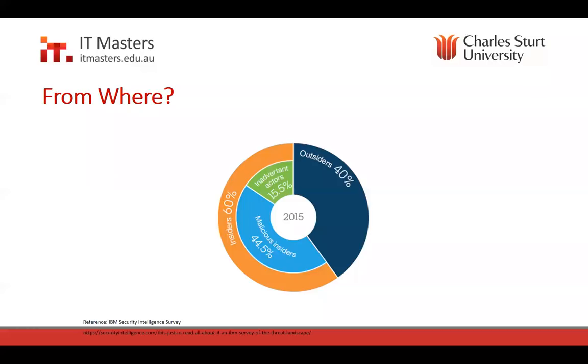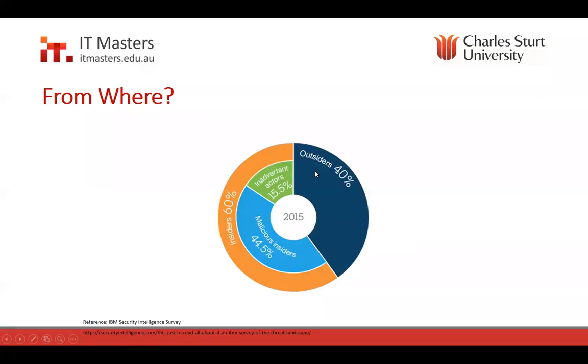So it's a little bit of a thing that you need to get your head around. Okay, so when we were talking last week about the perimeter being very fluid, and you may have multiple perimeters, multiple layers, then the same applies to defining who is an inside attacker and who is an outside attacker as well. So just little things to get your head around.